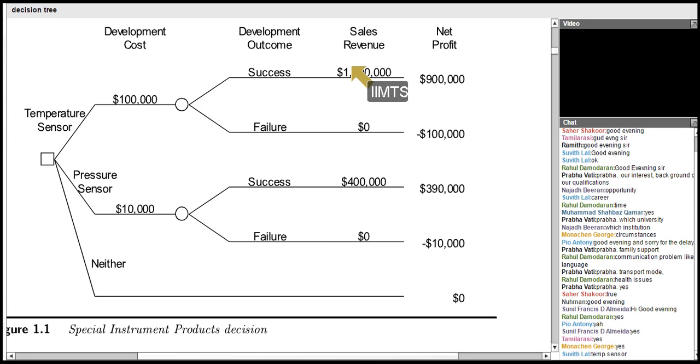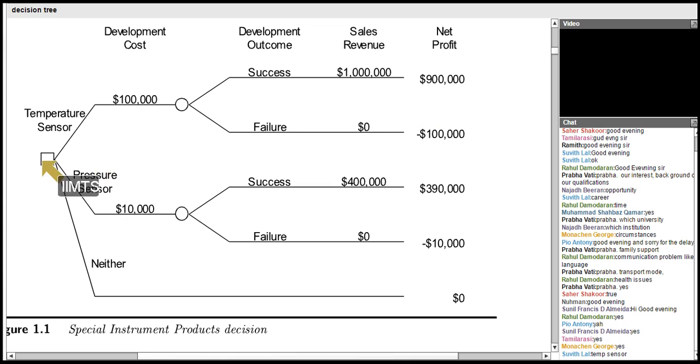But what is the net profit? We have to remove our development costs from the sales revenue, so the net profit is $900,000. But if we develop it and spend $100,000 and then it fails, maybe the market doesn't want it, or there are some flaws in it, then we're going to lose $100,000.